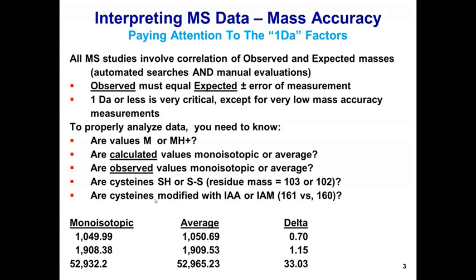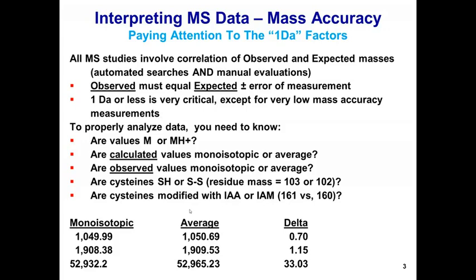Cysteines are invariably modified in most proteomic analyses because cysteines are sensitive to oxidation, and we can modify them. Two common reagents that are used are iodoacetamide or iodoacetic acid. These also differ by a Dalton.